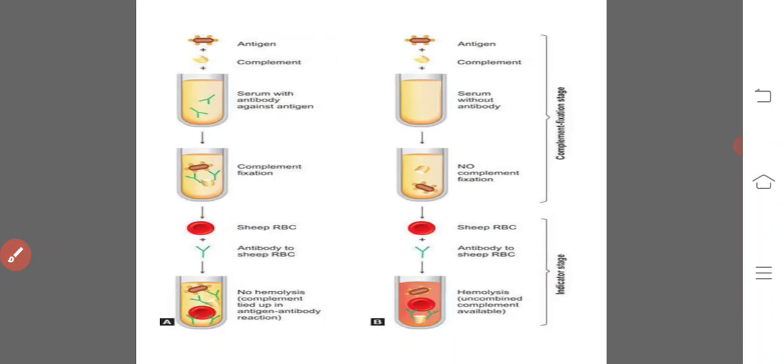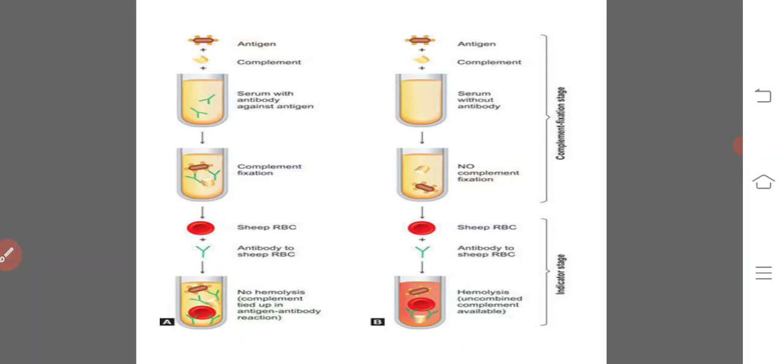Here we are observing the complement fixation stage. A known antigen and inactivated patient serum are incubated with a standardized limited amount of complement. That is, patient serum is heated at 56 degrees Celsius for 30 minutes to inactivate the endogenous complement, which may disturb the test calibration.